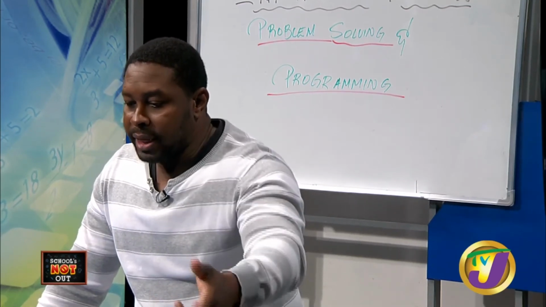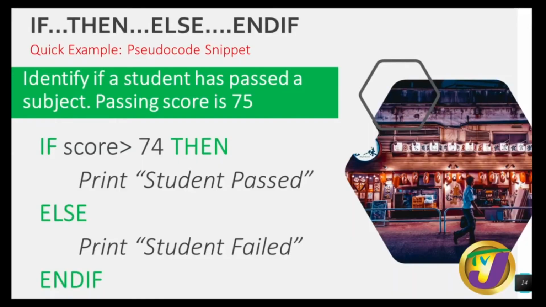What we want to do is identify if a student has passed a subject where the passing mark, or passing score, is 75. All we have here is a section showing what the if statement would look like. In this case, we have: if score greater than 74, then print student passed, else print student failed, end if.